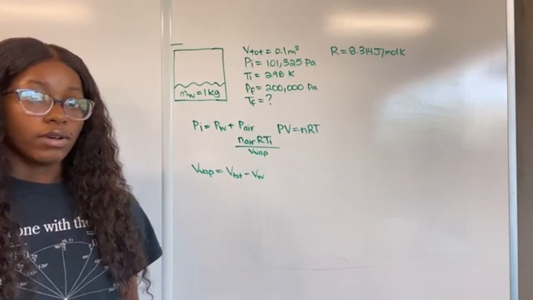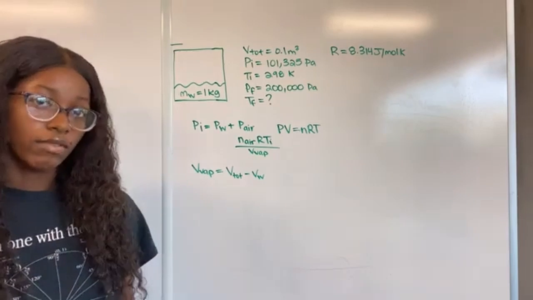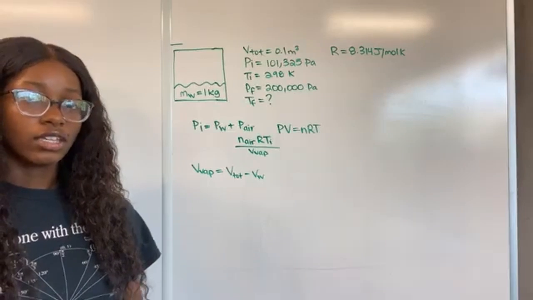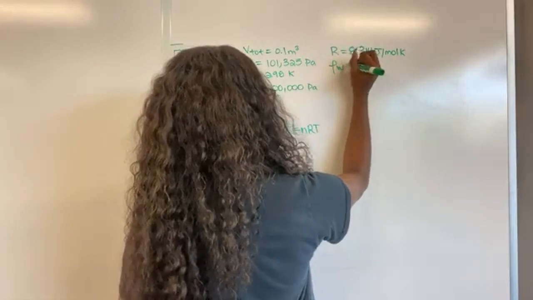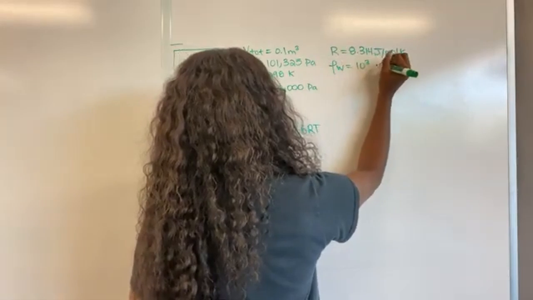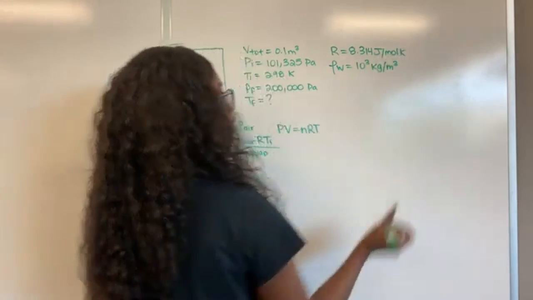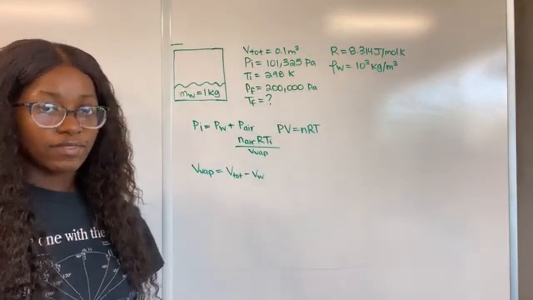We do know the mass of the water, and we also know the density of the water. We know that the density of the water is 1,000 kilograms per cubic meter. And we also know that the formula for density is mass divided by volume.